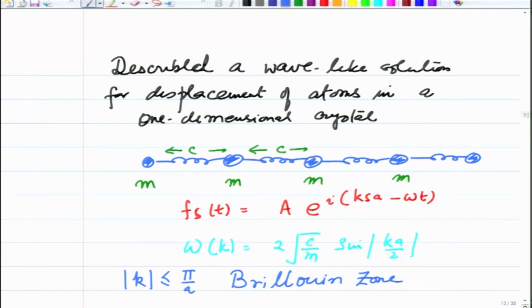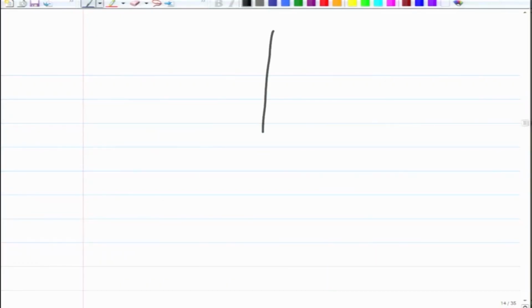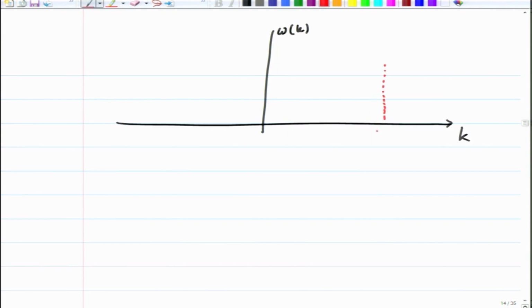In this lecture we are going to explore the properties of this solution. If I plot the solution omega k versus k, restricting myself to the Brillouin zone, between minus pi by a and pi by a on the two sides, let us notice some features.